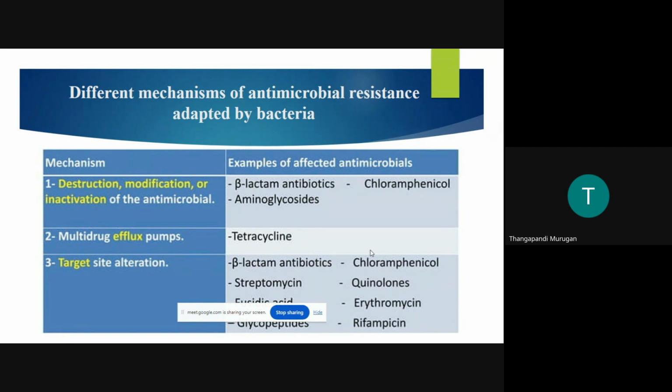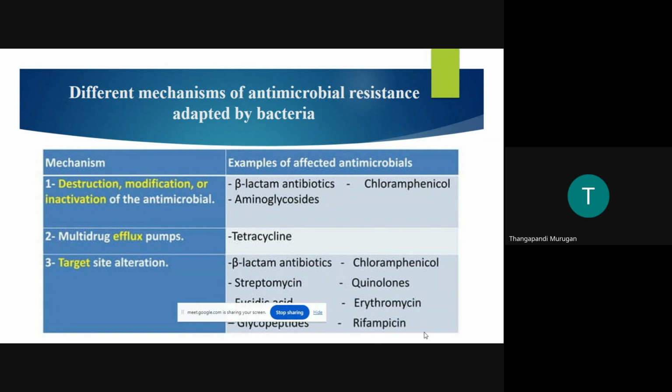Okay, we have spoken about the mechanisms and resistance types. Here we can see which antibiotic develops resistance by which particular mechanism. You can see that beta-lactam antibiotics and chloramphenicol almost all develop resistance, except through the efflux pump mechanism.